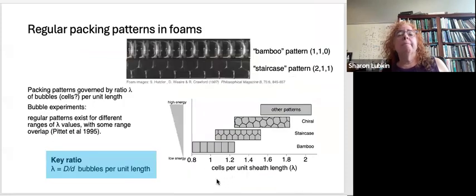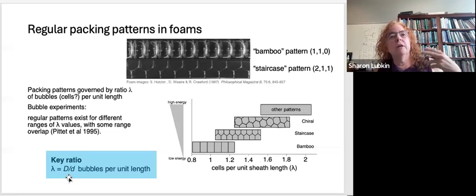In the bubble context, the foam literature, which pattern you see experimentally is governed primarily by the length ratio, number of units, bubbles, cells, what have you, per unit length, and that is also equivalent to a ratio of the diameter of the tube to the diameter of the equivalent spherical soap bubble.